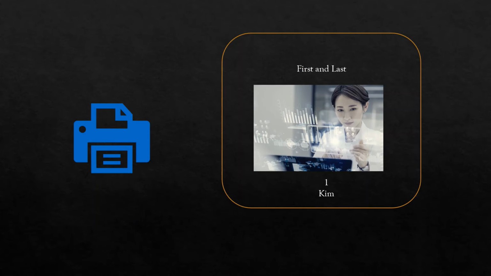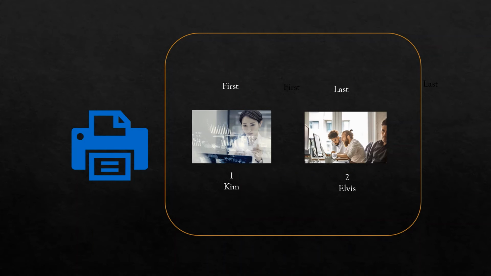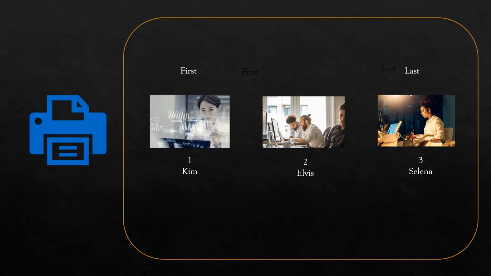The first request for the printer comes from Kim. She is the first person and also the last person because there's only one person in the queue. Next, Elvis gives a request, and now the first person in the queue is Kim, and the last person in the queue is Elvis. The next request comes from Selena.